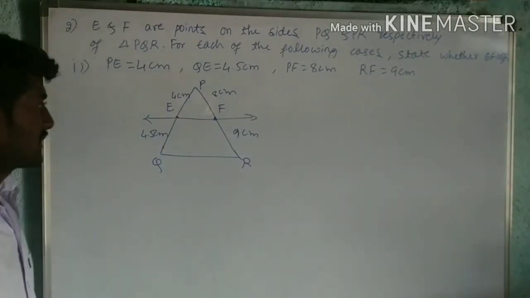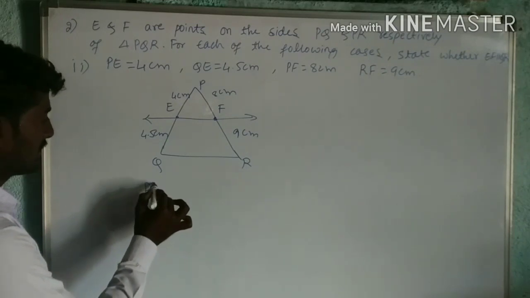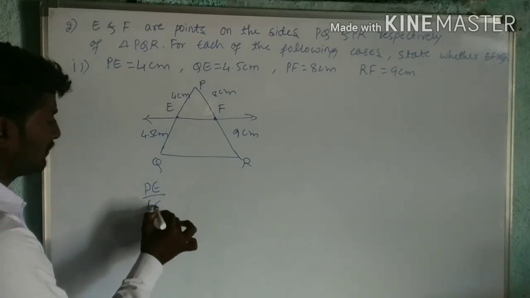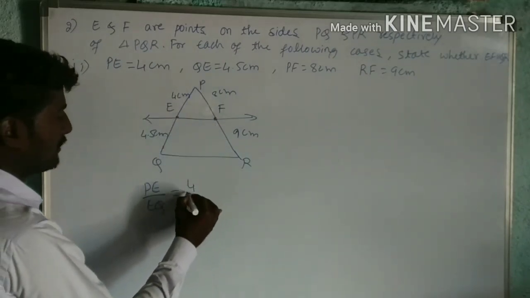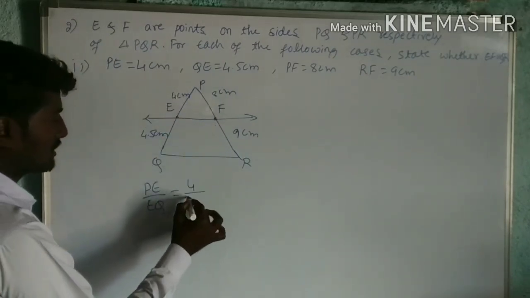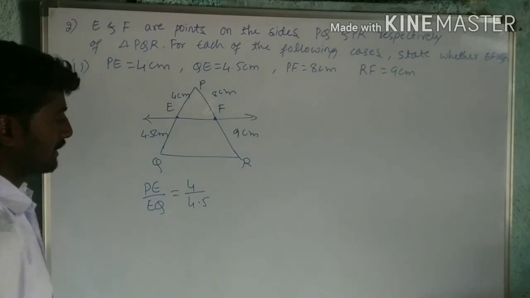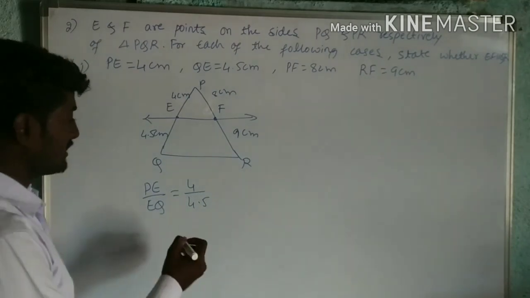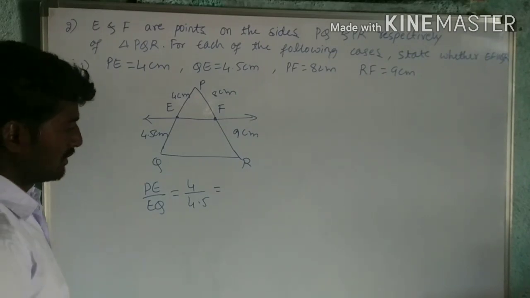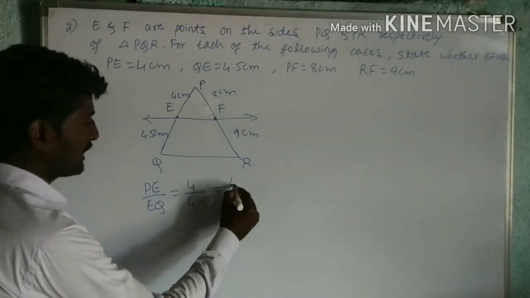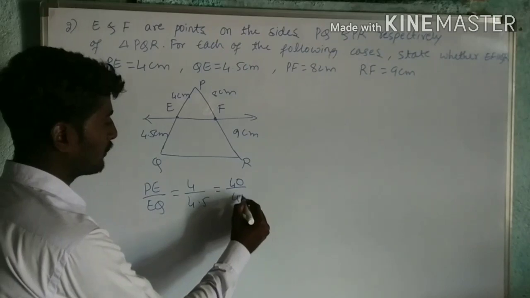Now let us find the first ratio, PE divided by EQ, which is 4 centimeter divided by 4.5 centimeter. Let us divide this. This becomes 40 divided by 45.